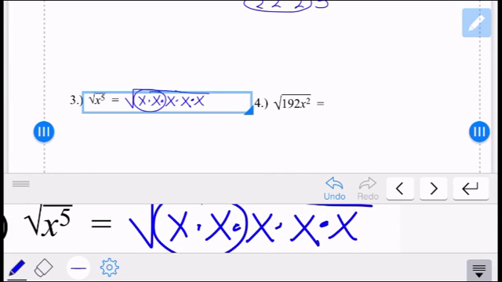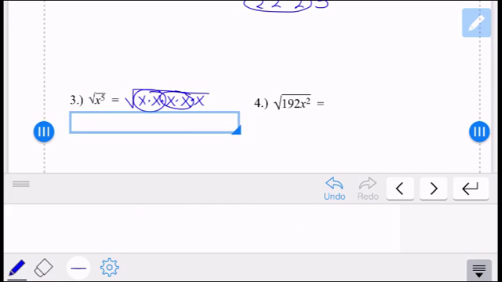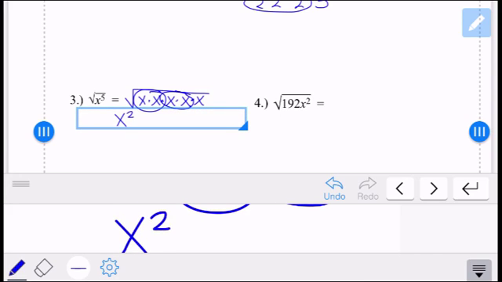So here's a pair, here's a pair. So there's 2 of them. So that means outside of the radical, we're going to have 2 of the x's getting multiplied together, which is going to be x squared. And then, whoops, hang on. What's left underneath the radical is 1 more x that's left over.